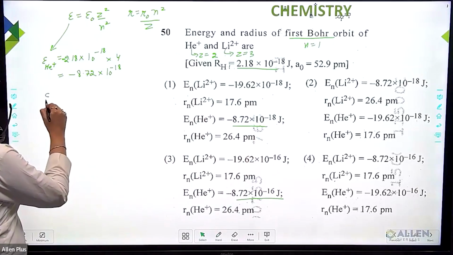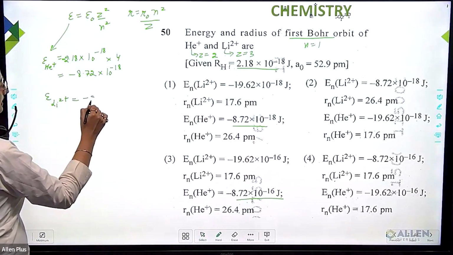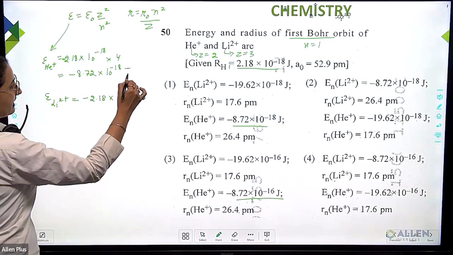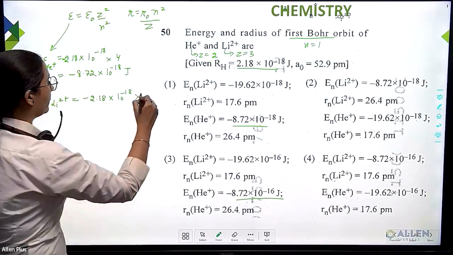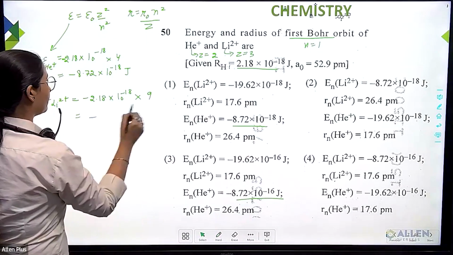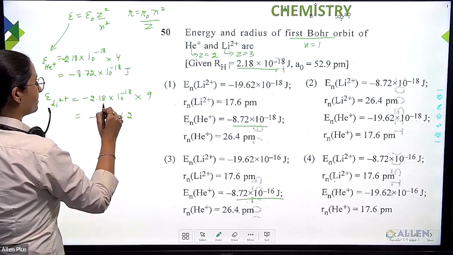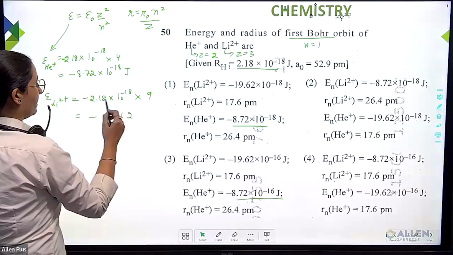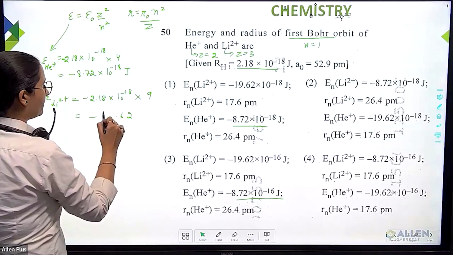Next, if I find, students, for lithium plus 2, it would be what? Minus 2.18, 10 raised to power minus 18 into Z is what now? 3 into 9. Solve this. 9 twos are 18, 9 ones are 9, plus 7 is 16, 1 carried, 18.